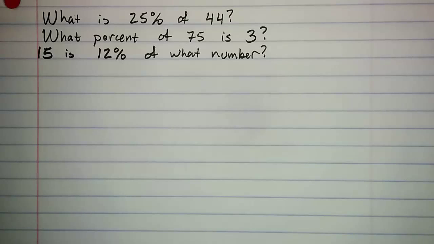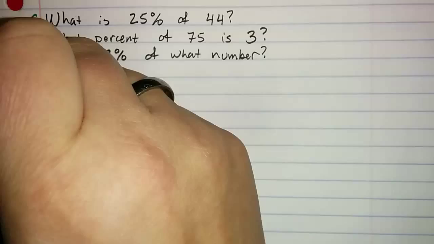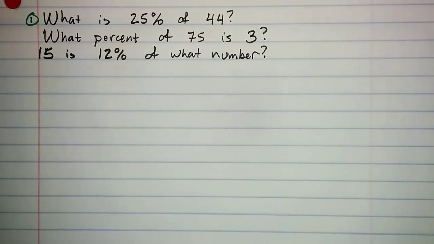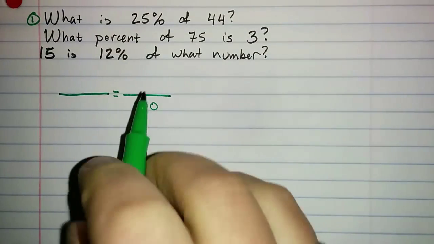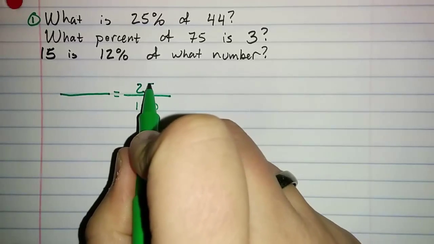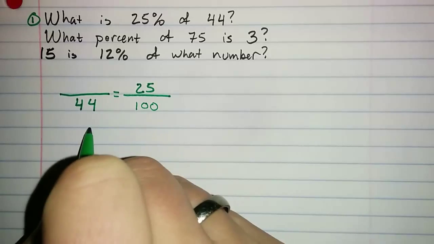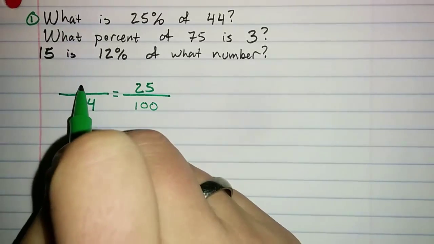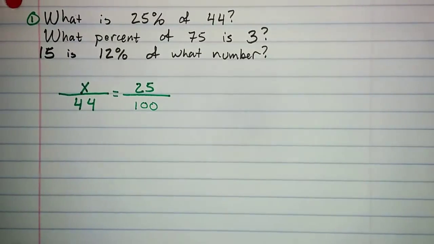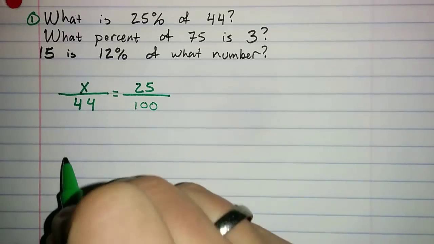All right, so this first question, what is 25% of 44? So I know 25% is the percent of 44. 44 is the base. The part is my unknown. So I cross multiply.